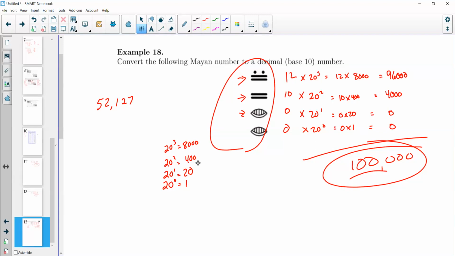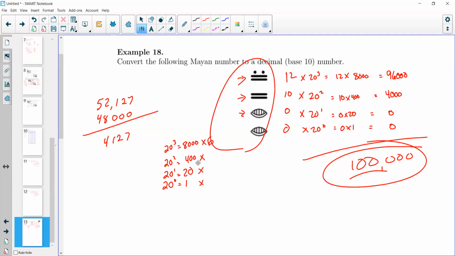So how many times does 8,000 go into 52,127? You're allowed to use your calculator. I'm going to say 6. So how many times does 400 go into 4,120? 10.